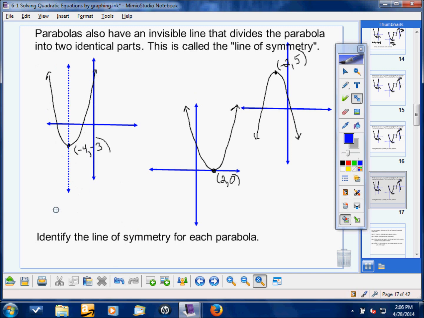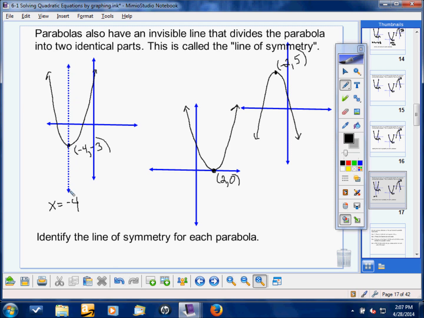It has an equation. What is the equation for this vertical line that goes through this point? -3. -3, but it's not just -3. It's x equals -3. It is an equation, not -3. Which one is it? X equals? -4. The x coordinate tells you the equation for the line.